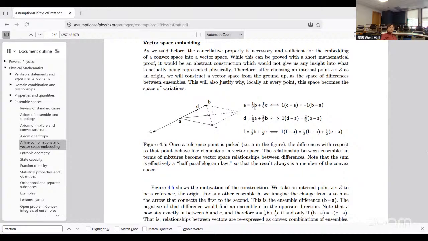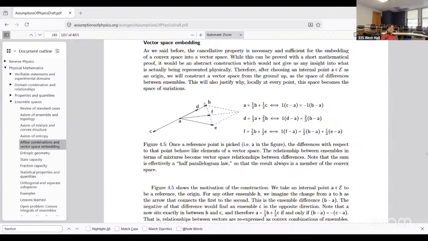And if you say that A is 1/2 B plus 1/2 C, you're basically saying that the difference between C and A is equal to minus the difference between B and A. And if D is a convex combination of A and B on the same line, you're saying that D minus A is equal to 2/3 of B minus A.